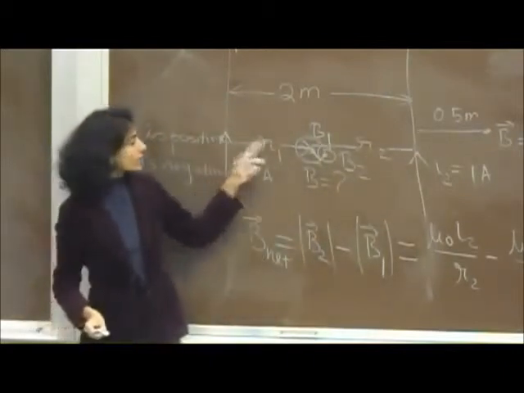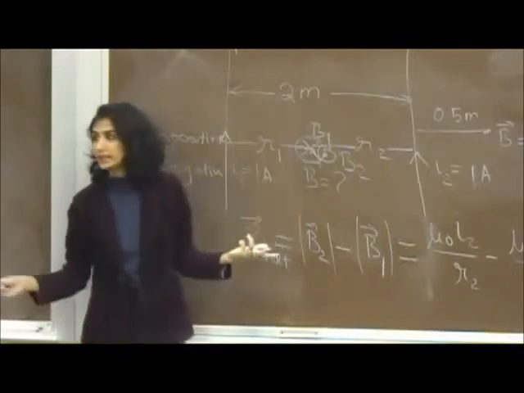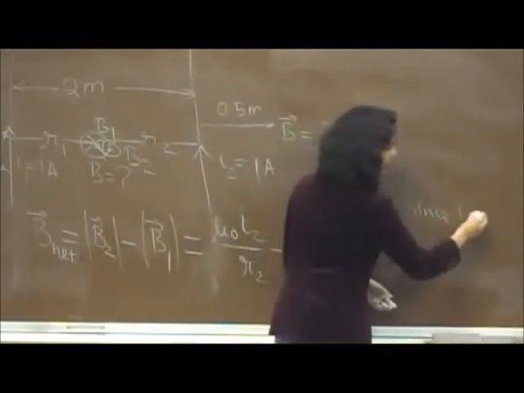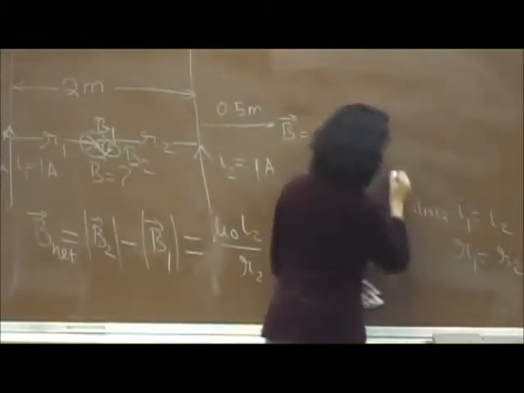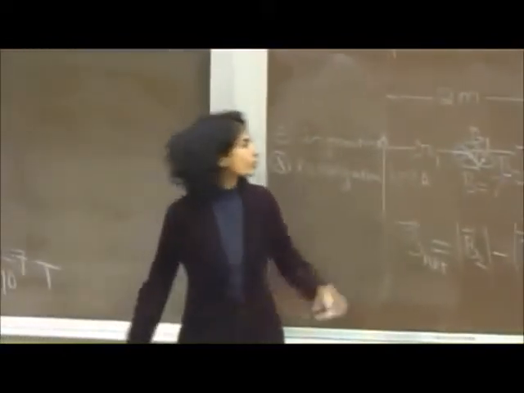Those distances are equal because this point is in the middle and each of them is like 1 meter. So basically what we have, this is equal to 0, since I1 is equal to I2 and R1 is equal to R2. Is everybody with me? Let's try to do the problem over there.